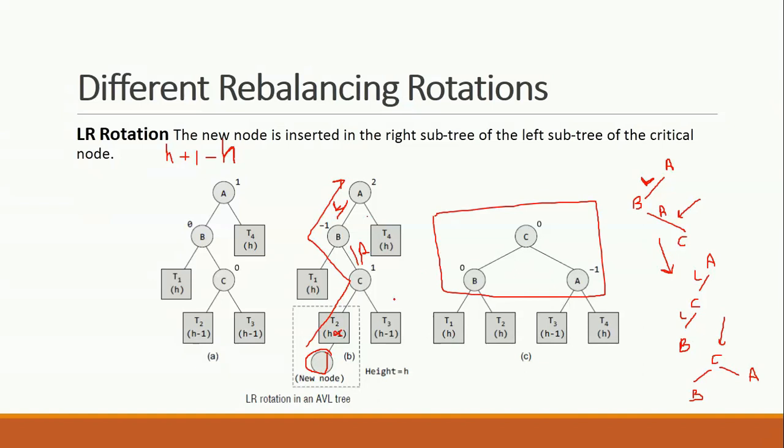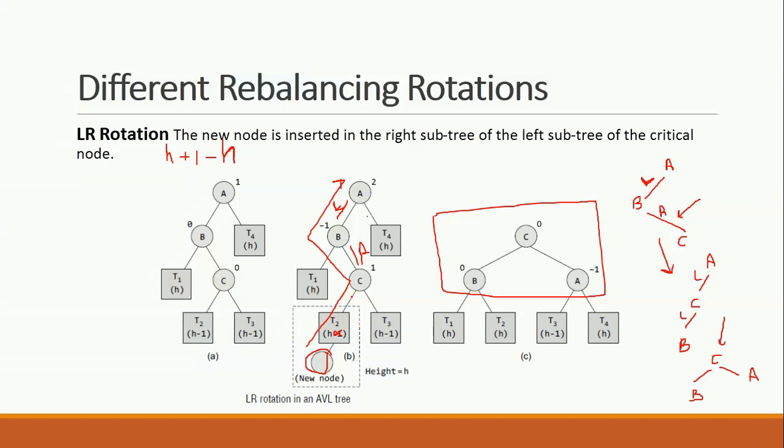For example, for B, the T1 is the left. For A, the T4 is the right. Now in this case, what about T3? T3 is the right of C, left of A. So T3 is here. What about T2?